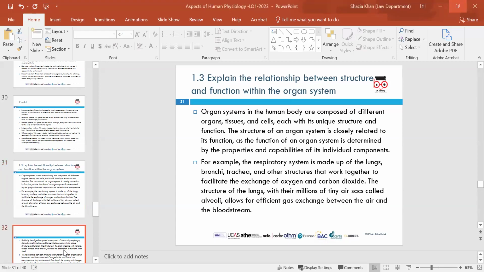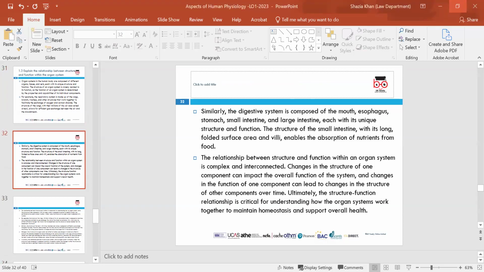Similarly, the digestive system is composed of the mouth. So we've got things like the digestive system. It has to process food and absorb nutrients and minerals. It works together with the other systems as well in regards to breaking down food so it can be absorbed.